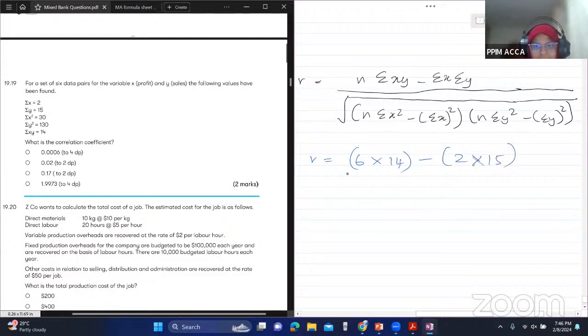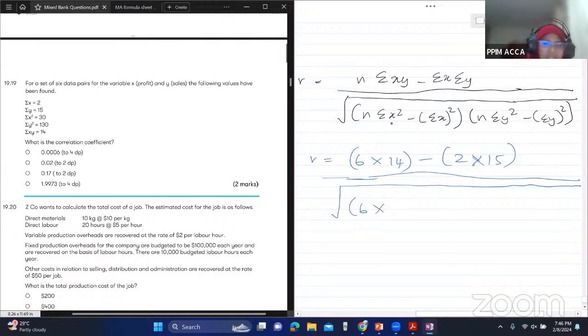That part is easy. Should be divided by the square root of n times, again 6 times sigma x squared. So that figure is already given, 30. Okay, sigma x squared minus sigma x, the whole thing should be squared.